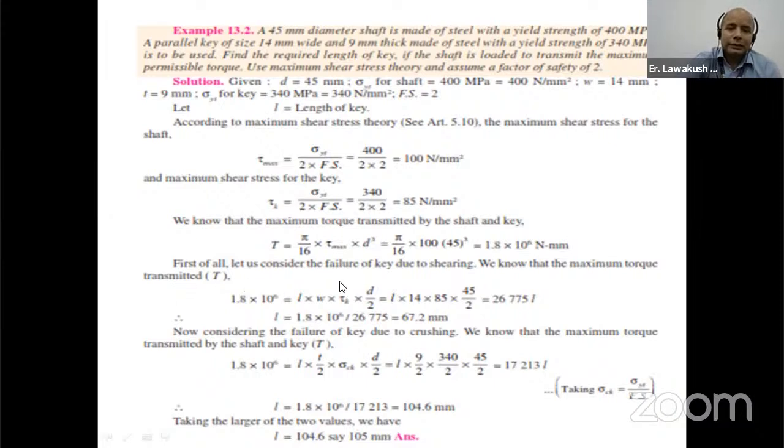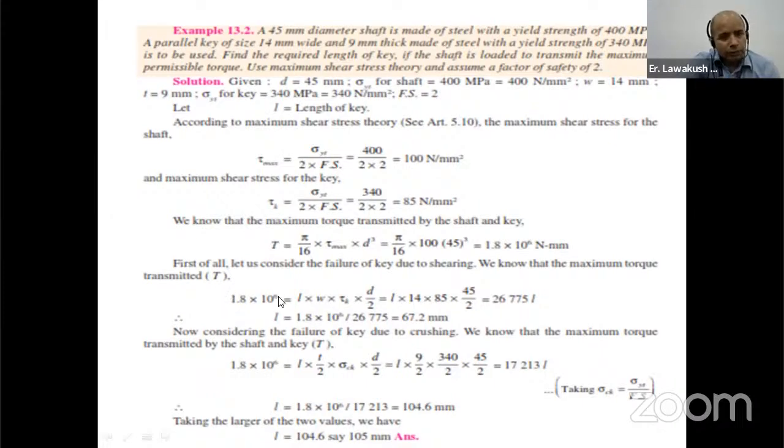First of all, let us consider the failure of key due to shearing. We know that the maximum torque transmitted, capital T, we just calculated. Capital T equals L into small w into tau k into d by 2.